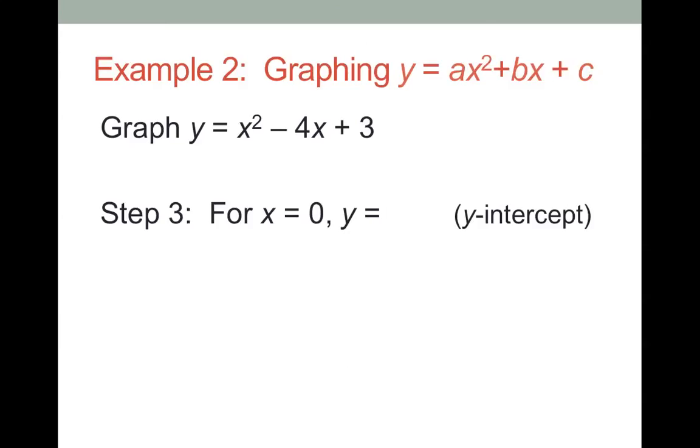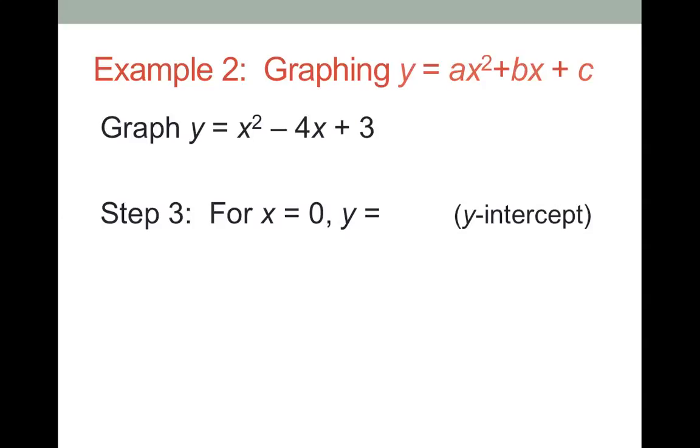All right, so now step 3 is to find 2 other points. The video said that one of them should be a y-intercept, and that's fine when the y-intercept is relatively close to your vertex. If the y-intercept ends up being farther away from your vertex, then you may get an answer that's not easy to graph, and then the y-intercept is not a good choice.